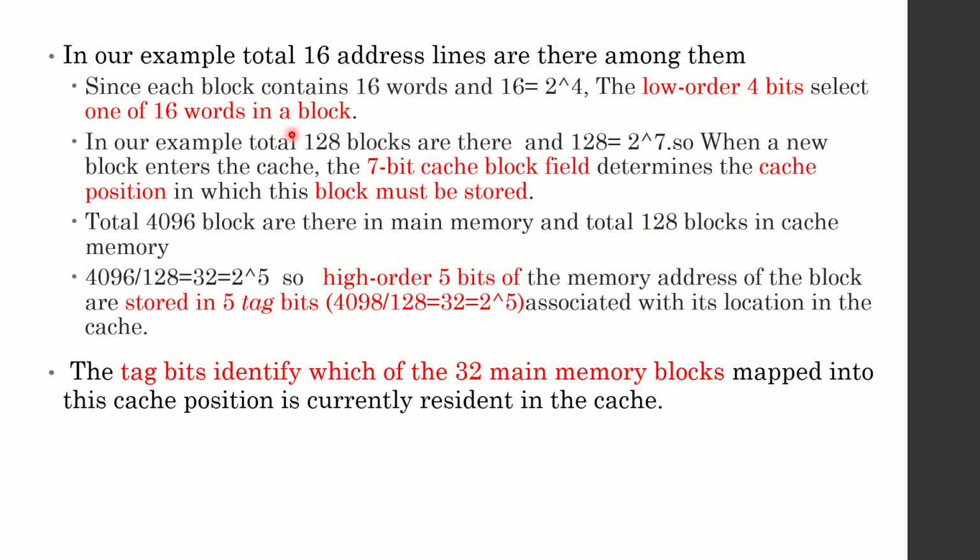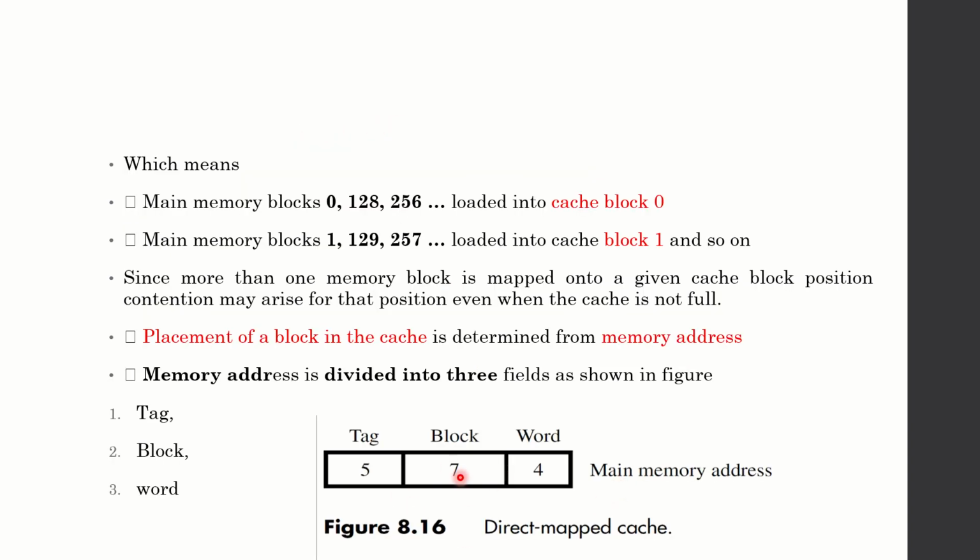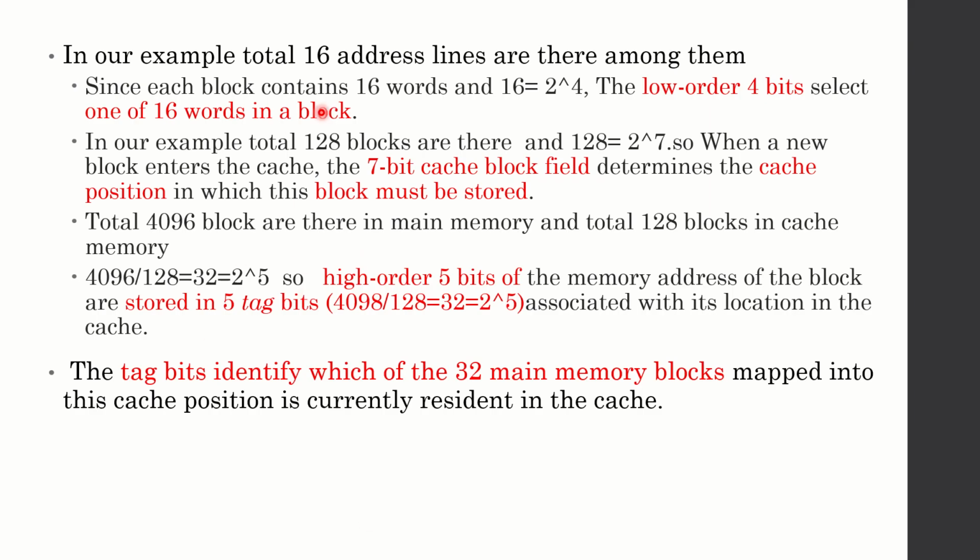The next field we have to explain is the block field. We want to find out how we get this value 7. We know that a total of 128 blocks are there in our example in the case of cache, and 128 is equal to 2 to the power 7.